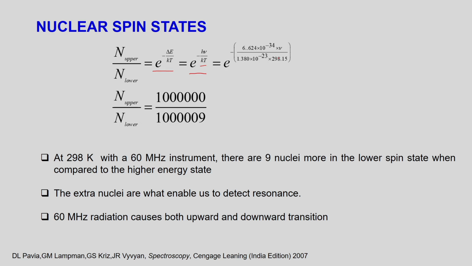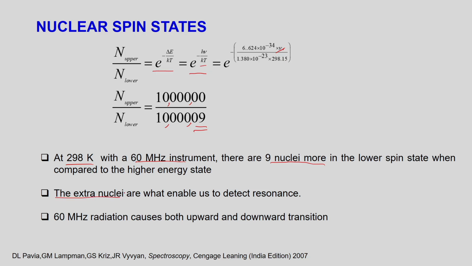If you put in 60 megahertz here, the ratio is around 10 lakh. So there are 9 excess nuclei in the lower state compared to the higher state. At 298 Kelvin with a 60 megahertz instrument, there are 9 nuclei more in the lower spin state.